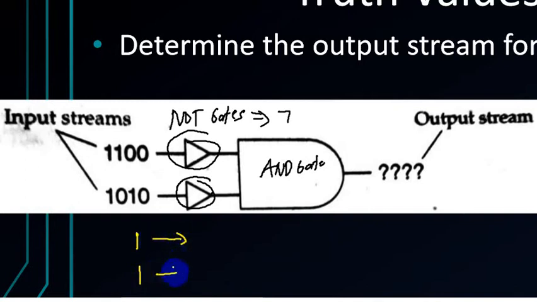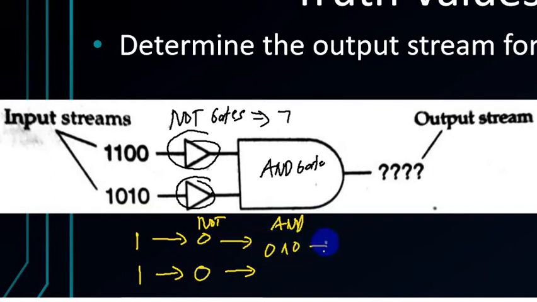Going through the NOT gate, our input of 1 becomes 0 and our input of 1 becomes 0. This in turn becomes our input for the AND gate, and we know that 0 and 0 produces an output of 0. That means in the output stream, the first output that we actually have here is 0. That's how our logic gates basically work.